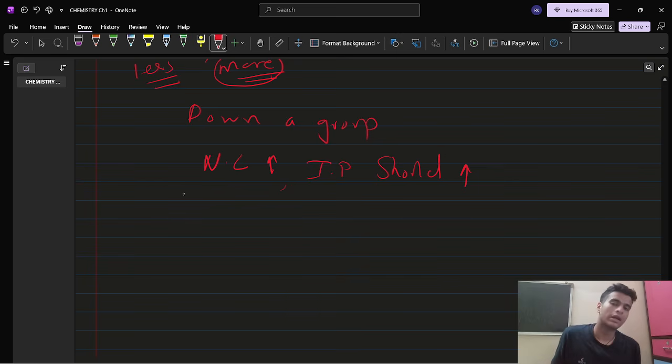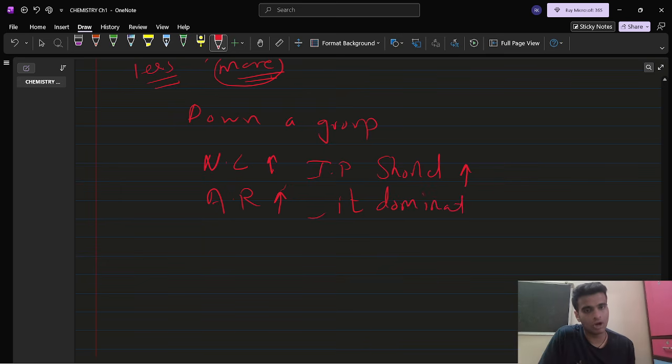But atomic radius also increases. So it dominates over the nuclear charge increase. So what happens overall? Overall, ionization potential decreases.